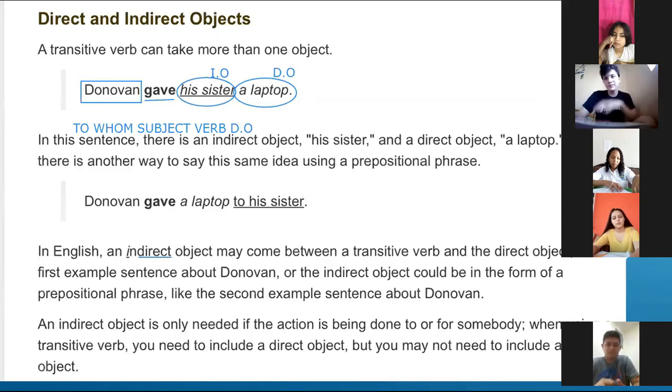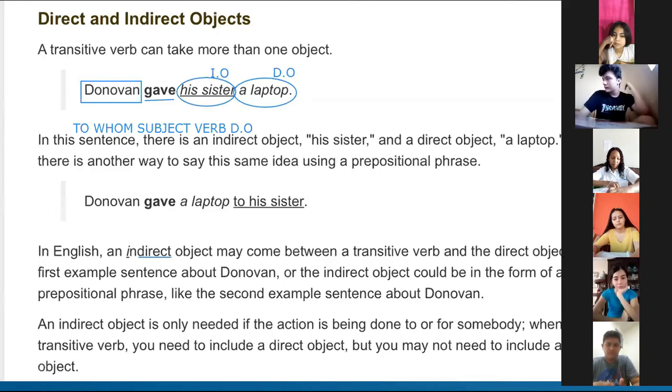Question: do we need a direct object to have a transitive verb? Yes or no? Repeat the question, please.